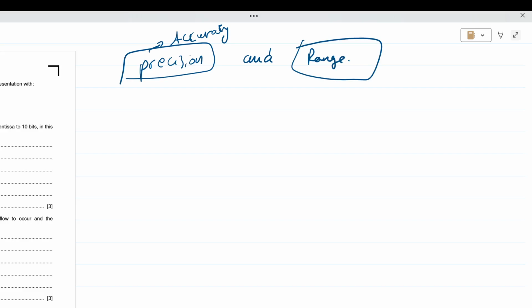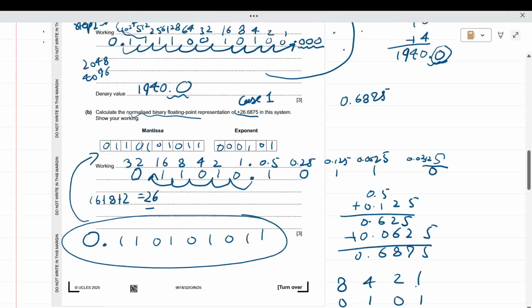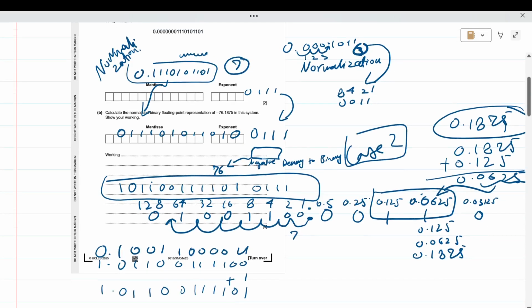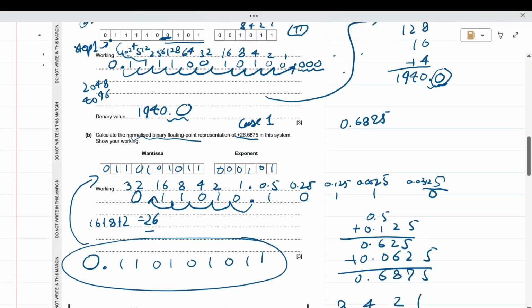In all of the previous questions that we have done, for example this one and this one, know one thing. There were different numbers of bits given to store the mantissa as well as the exponent, right?